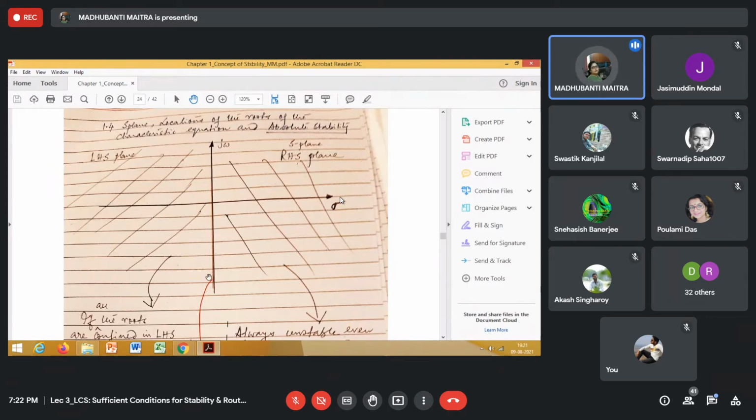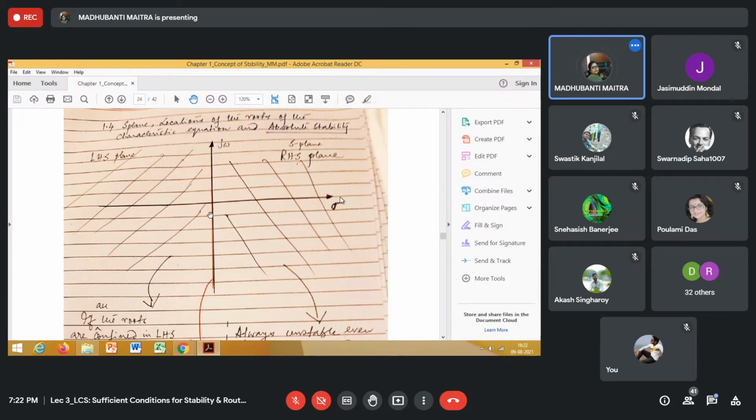If all the closed loop poles of the system, or in other words, all the roots of the characteristic equation of a system are completely confined within the left half of the S-plane, then the system will be stable, and not only stable, the system will be asymptotically stable, right? So this is the region of stability.